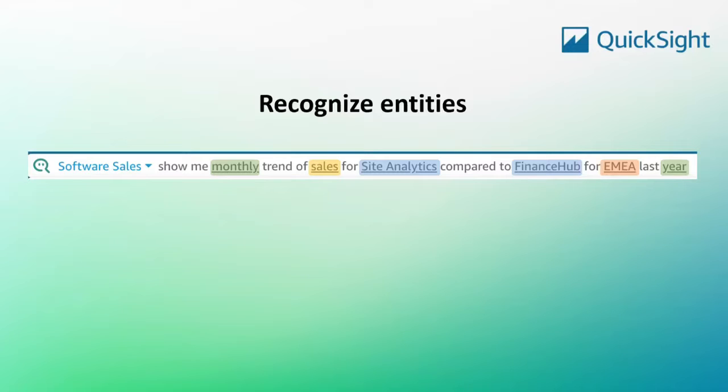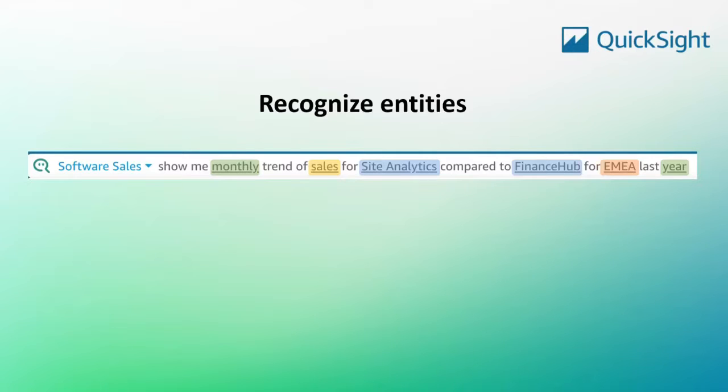First it scans through the dataset that is connected underneath, and checks whether part of the string is available as a column, field, or dimension within the dataset attached to the Q topic. Next, let's take the example of site analytics compared to finance apps.